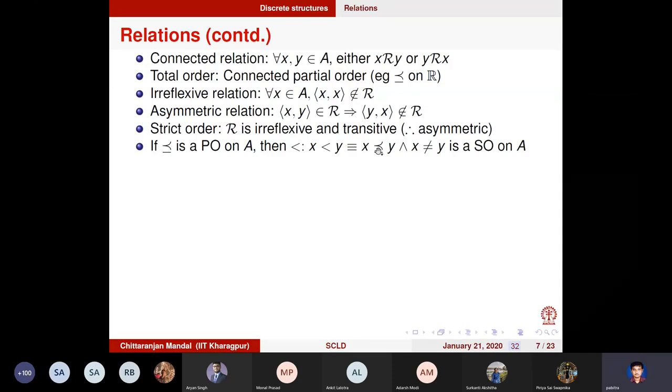So I will say X is less than Y, very intuitive, if X is less than or equal to Y and X is not equal to Y. Okay.